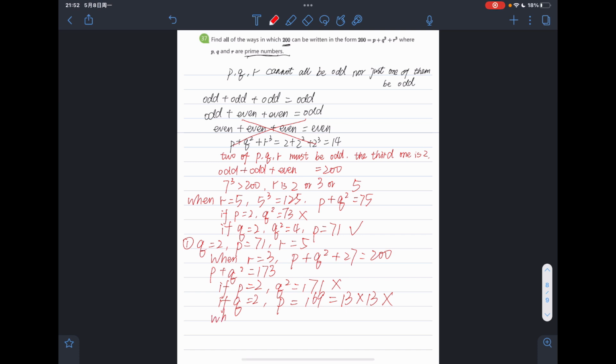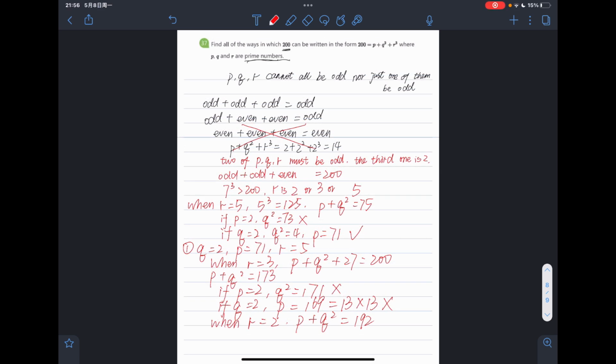When r is 2, then p plus q squared equals 192. In this case, 192 is less than 196, which is 14 squared. All right, so in this way, q is an odd prime number less than 14.